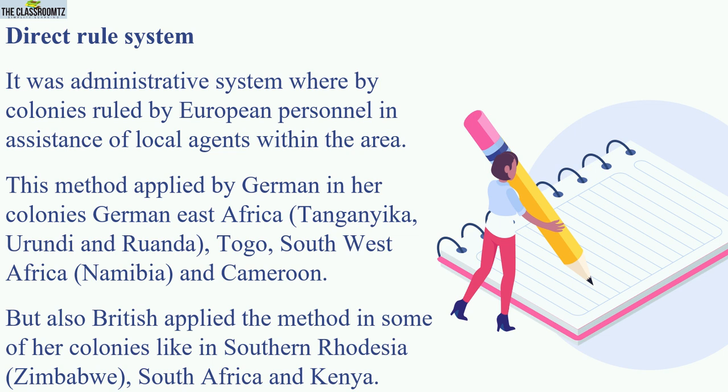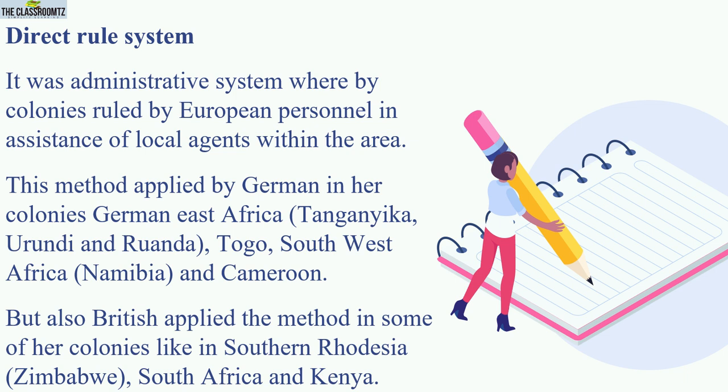In direct rule, those Africans were the Akida and Jumbes. Their main work was just to collect taxes. They were not working on behalf of Europeans per se, but were appointed to assist Europeans while Europeans were there in the colony. That is called direct rule.